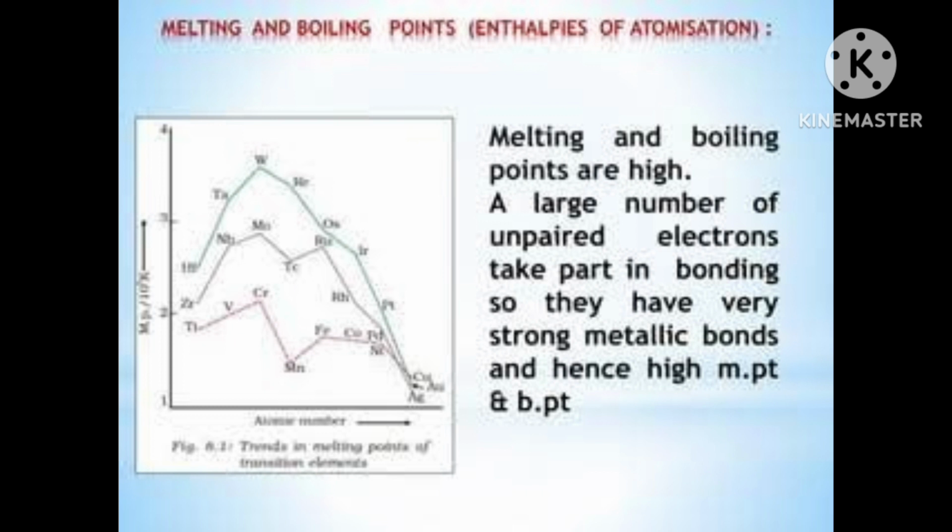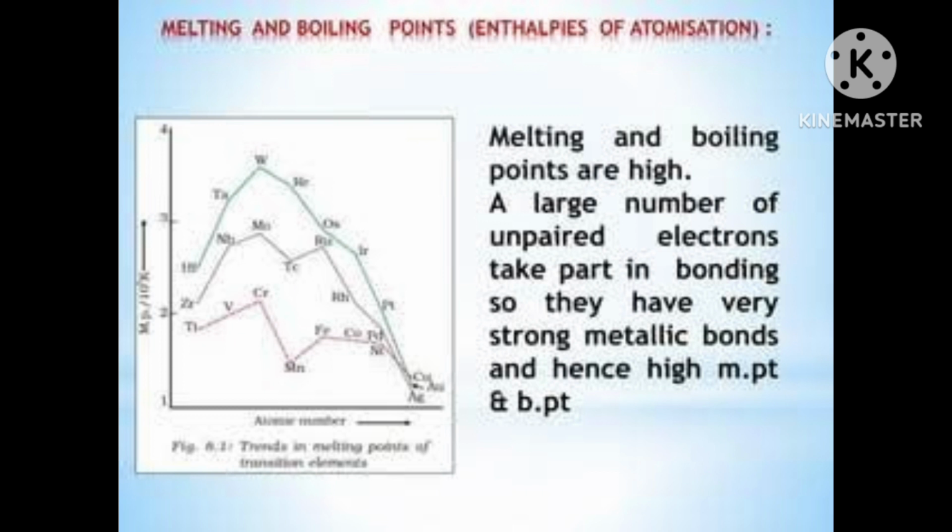However, the shielding of one 4f electron by another is less than that of one d electron by another. There it was more. In d electrons we have more shielding, but in 4f it is less.